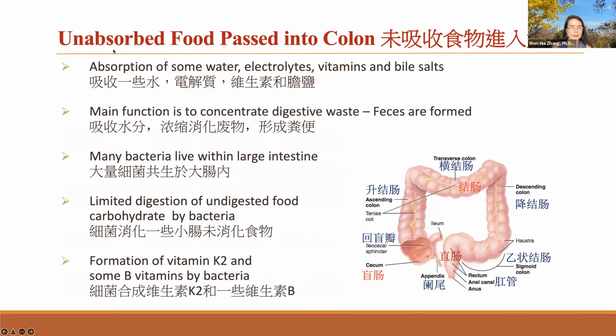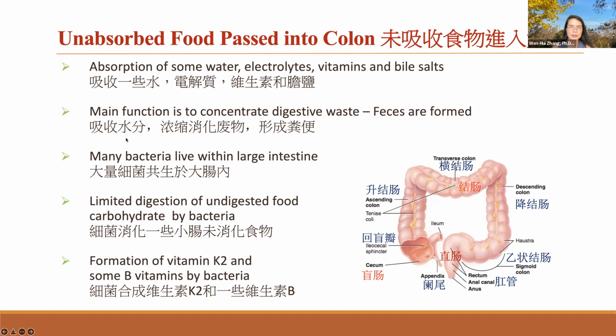If the food is not digested or absorbed in the small intestine, the unabsorbed food and food waste will pass into the large intestine, the colon. And the large intestine absorbs some water, some electrolytes, some vitamins, and bile salts, the bile acids.